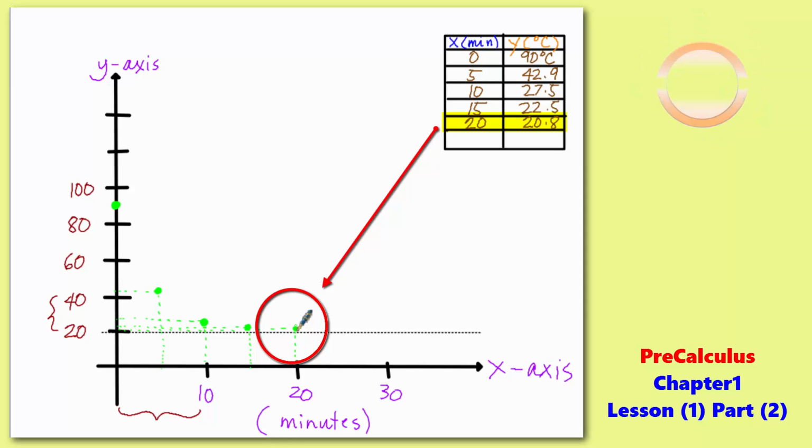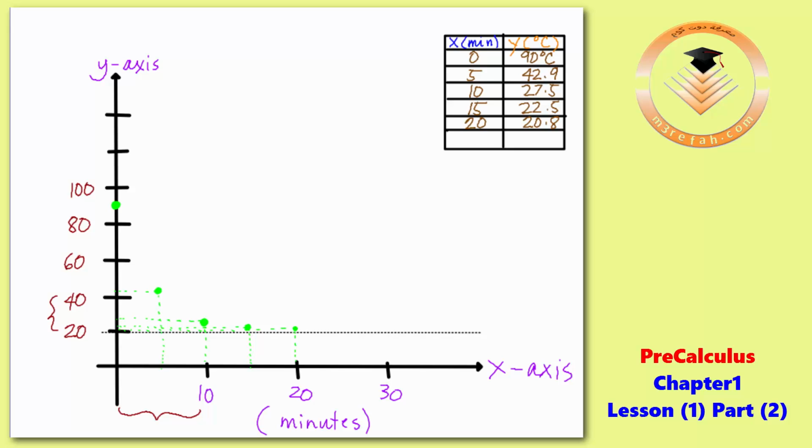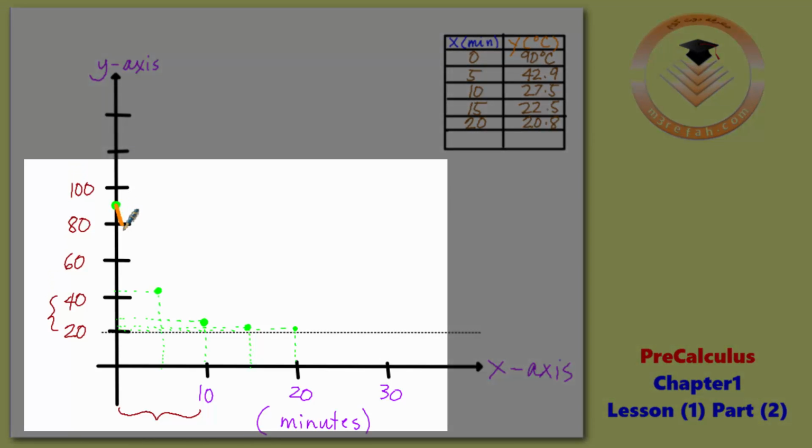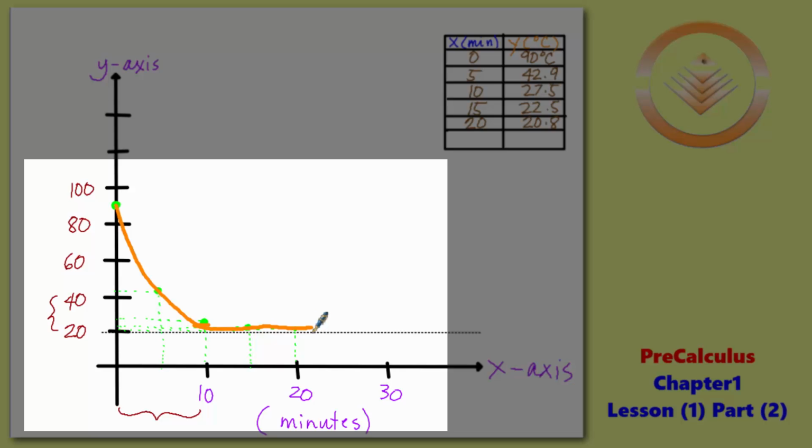Okay, now we're going to describe the movement of the graph. So we're going to use a curve. How are we going to describe the curve? We are just going to connect the points. Of course, obviously this won't be a straight line, but something like a curve.